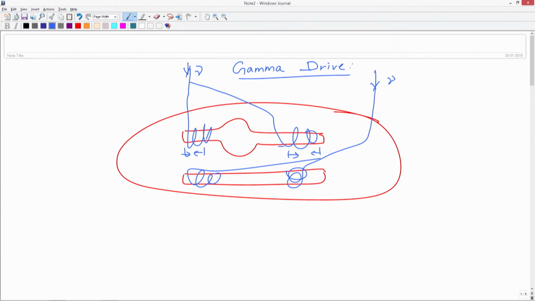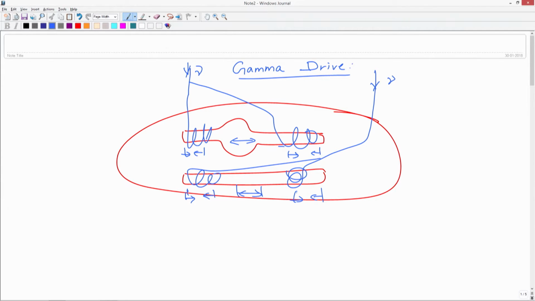When this contracts, what happens? This center part is going to stretch, is it not? Stretch means the receptor is increasing its firing because the length is increasing, right. Similarly, this also is going to contract and the center part alone is going to elongate. It means it is again going to increase the length.